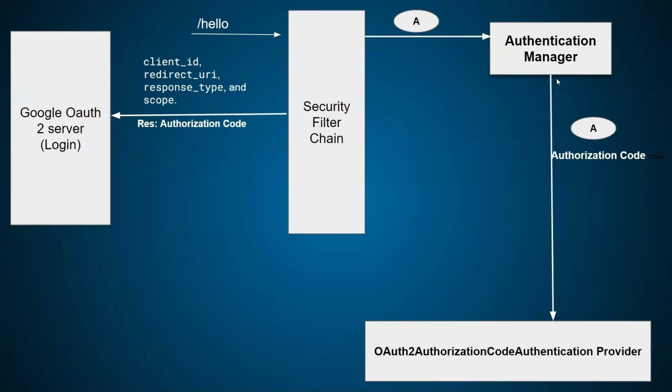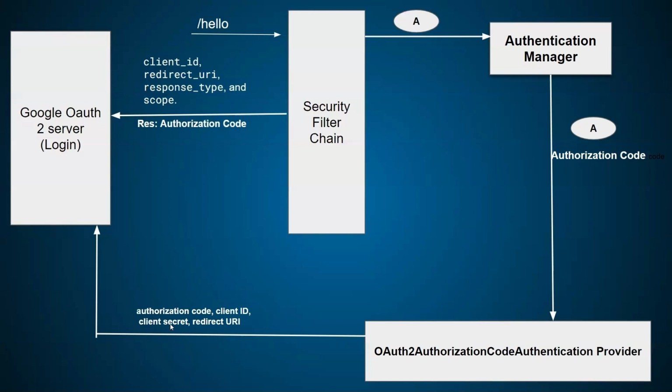Let me repeat this. The authentication manager will send that authentication object to the OAuth2 authorization code authentication provider. It will receive that authentication object and again extract the authorization code from it. Now what will happen next? It will call the Google OAuth2 server. Basically, it will internally make one API call to the OAuth2 server.